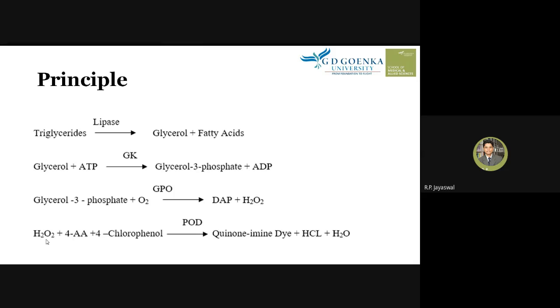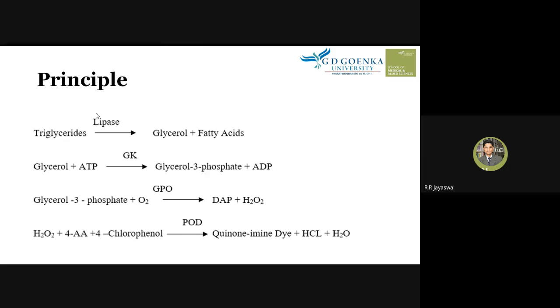So H2O2 plus 4-aminoantipyrine, 4AA, plus 4-chlorophenol. Now from this complex, we get a quinone imine dye, which produces a color.